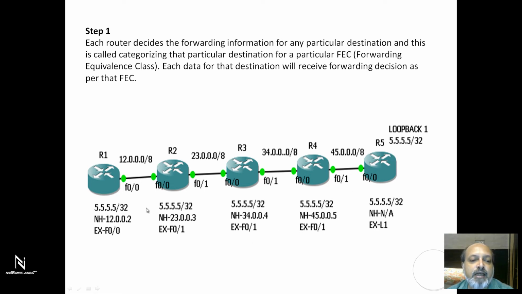Now, who provides this? Obviously, some form of routing. Maybe it is static routing or maybe a dynamic routing protocol that has provided this information to the router as regards the next hop and the exit interface. I hope this is 100% clear because all of you know this.